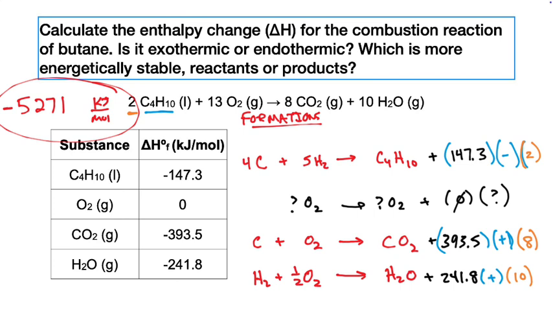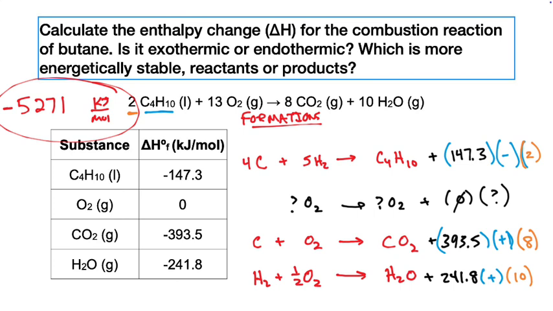Okay? I then wrote down the number. I wrote down the number on the product side. Why did I write down the 1473 on the product side? What does the negative mean? What's the negative mean? Exothermic, which means where's my heat?